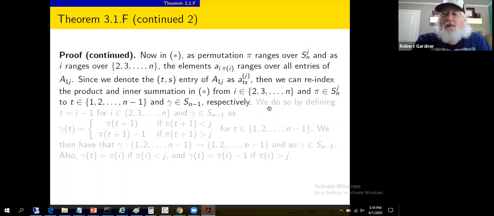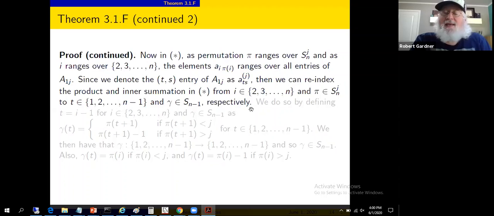Okay. So what we're going to do is reindex the product and that inner summation. That was the one over the S sub n super J set. And we'll reindex from 2 to n for pi in S sub n super J to a new permutation, gamma, and T between 1 and n minus 1.